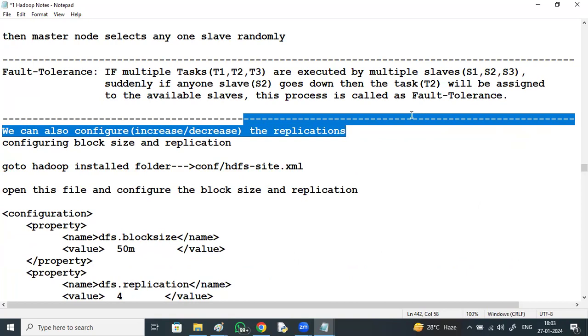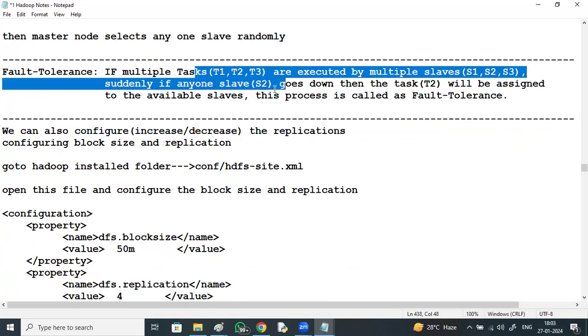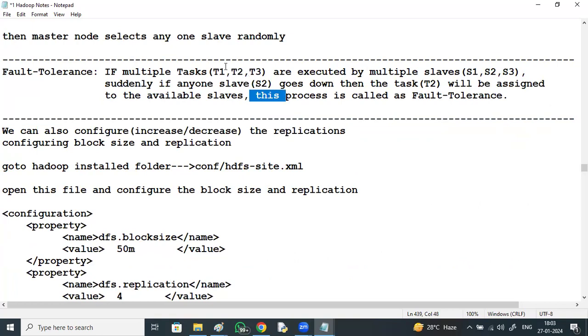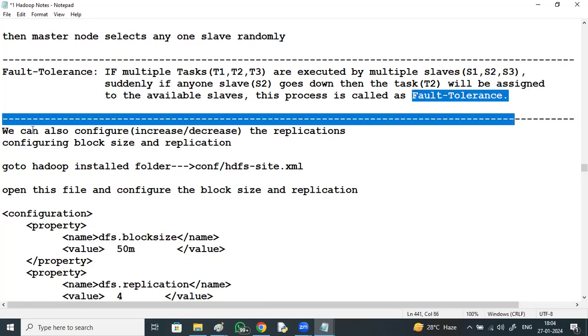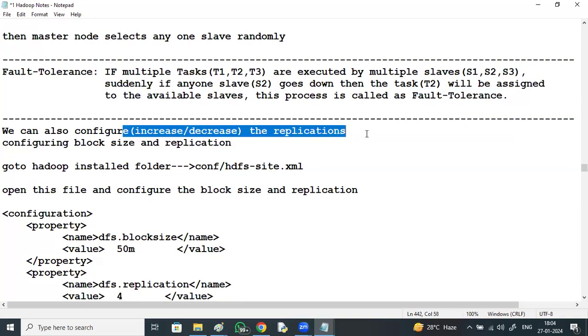Understood this? And we can also increase or decrease the replications.